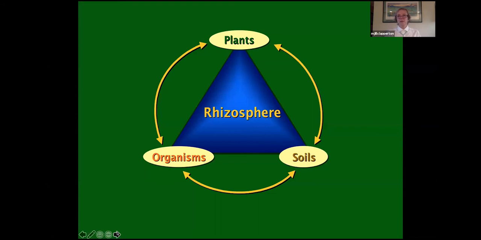So this gives you an example of what the rhizosphere is. We have plants, organisms, and soils, and all together they form the rhizosphere. There is no separation here, folks. We can't really separate one from the other. The plants, the organisms, and the soils all move together.